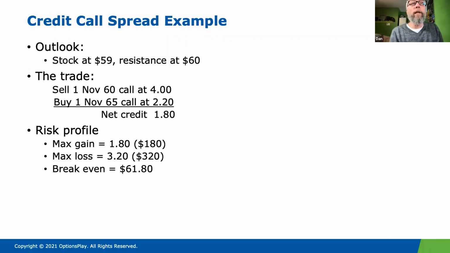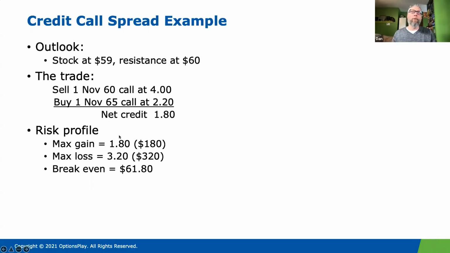So a couple really important things here. I told you before that it's very important to understand your maximum potential profit and your maximum potential loss. So the maximum profit, the most that can be made by trading this spread, is $180, or $1.80 per share. Why is that?